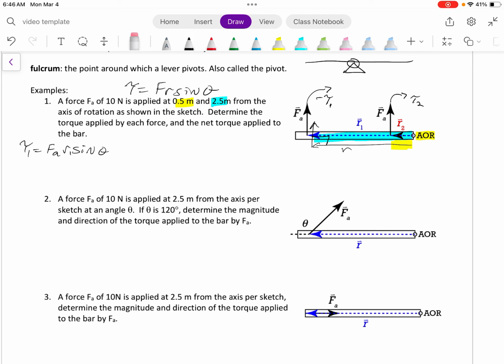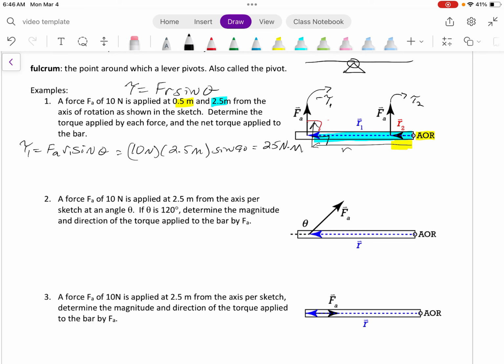Hopefully you can see that that is 90 degrees. So 10 newtons times R1, which is 2.5 meters, times sine of 90. Sine of 90 degrees is 1. This will be 25 Newton meters.